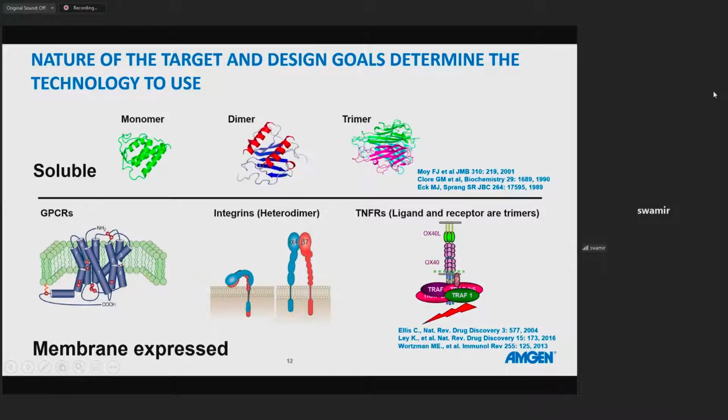For membrane cell targets also, it could be a monomer or a heterodimer or homodimer or trimeric molecules present, and depending upon the nature of the target, we will be doing either affinity or avidity measurements, which is important to know.